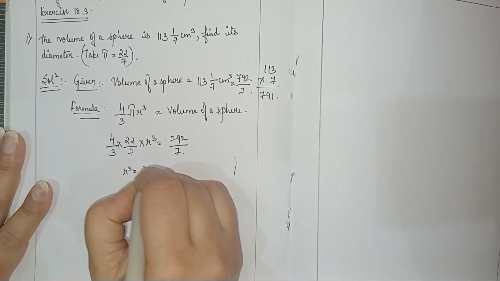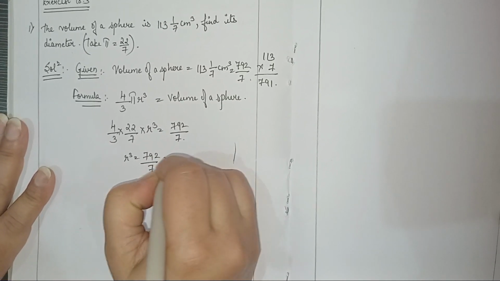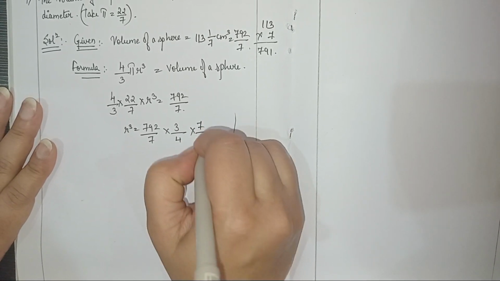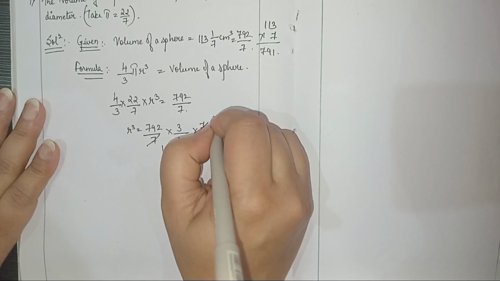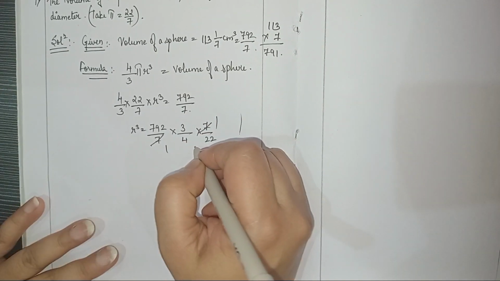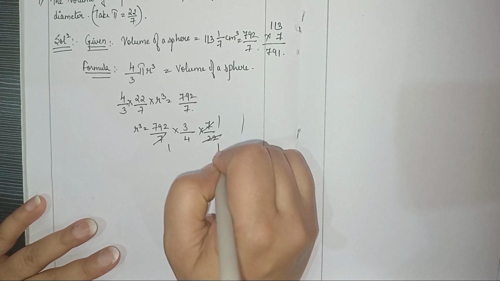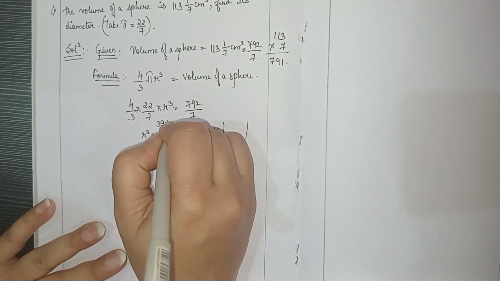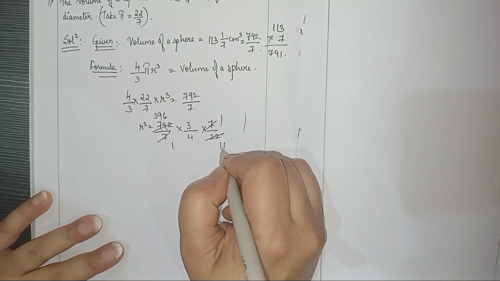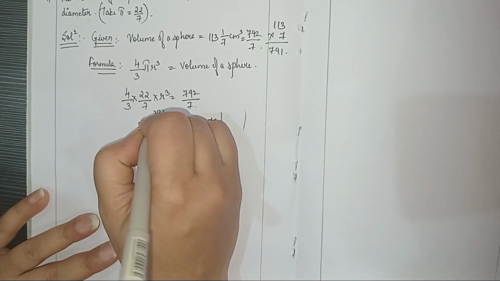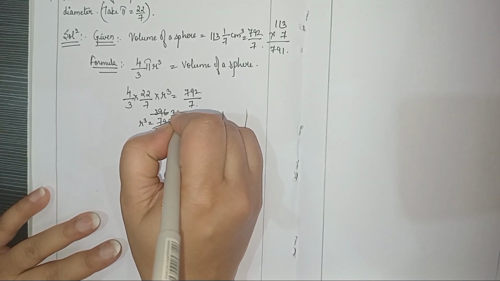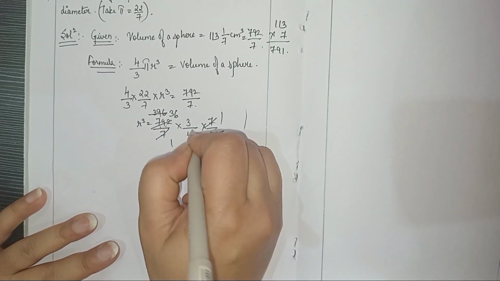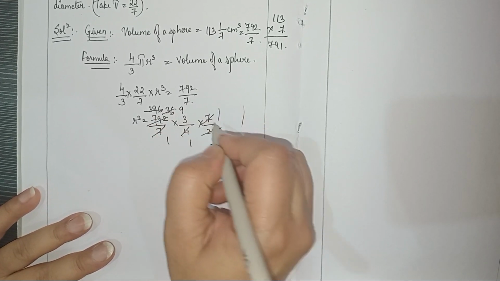This r cube is equal to 792 over 7 into 3 over 4 into 7 over 22. 7 ones, 7 ones. So 2 11s, 2 3s are 6, 2 9s are 18, 2 6. So again 11 ones are 11, 33 and 36. Okay. 4 ones and 4 nines.